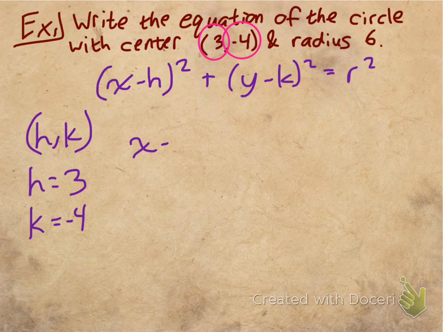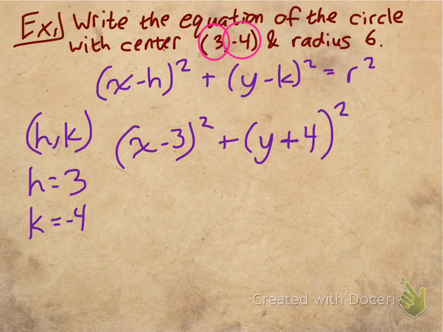So I get (x - 3)² + (y - -4)², which really just becomes the opposite, so it's (y + 4)², which then equals, well, what's the radius again? It says that my radius is 6, which means I'm going to put 6 squared here. So here's the key thing.